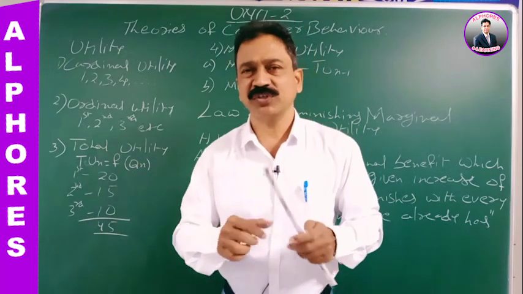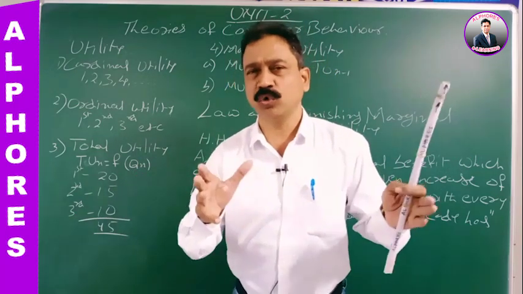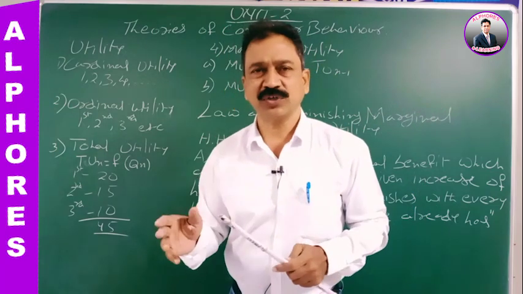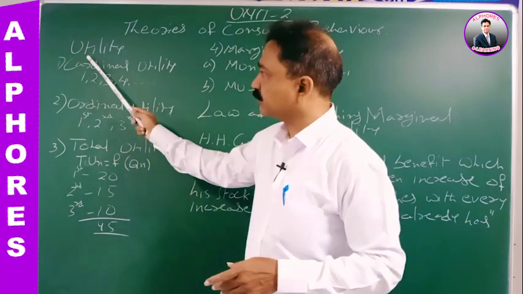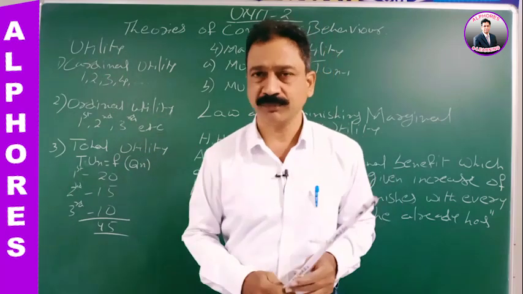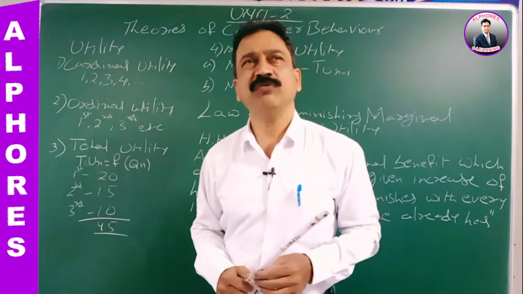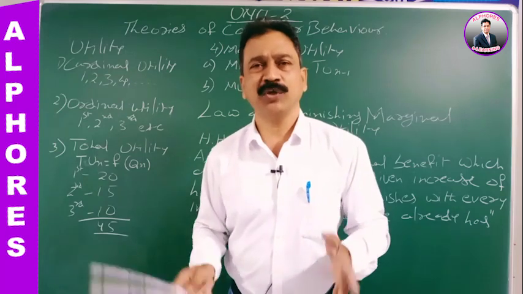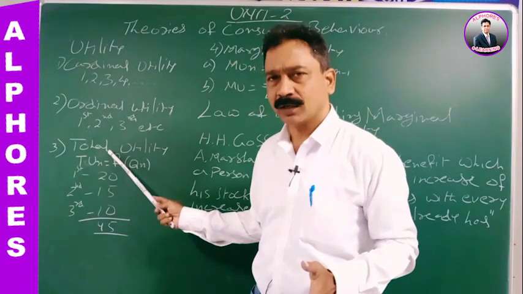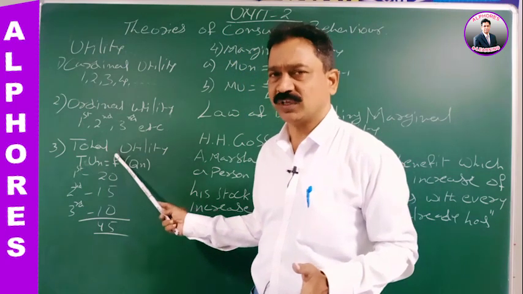You purchased jeans that are dark blue in color. You got some satisfaction out of that dark blue jeans. Some utility you already derived. Then you went to another shop, Jagadamba, and purchased dark blue color jeans.